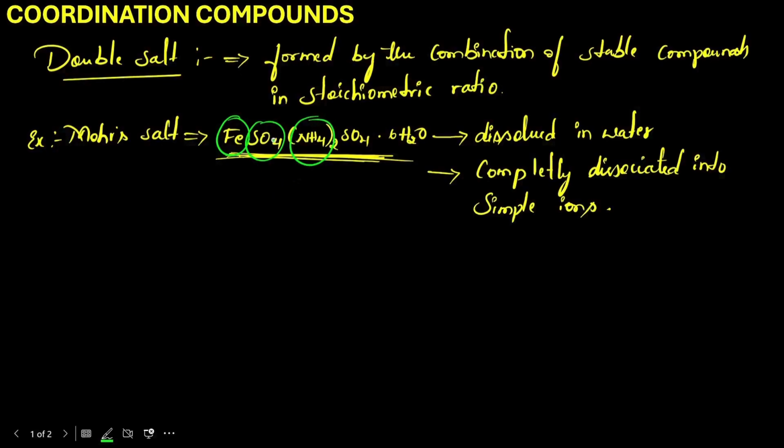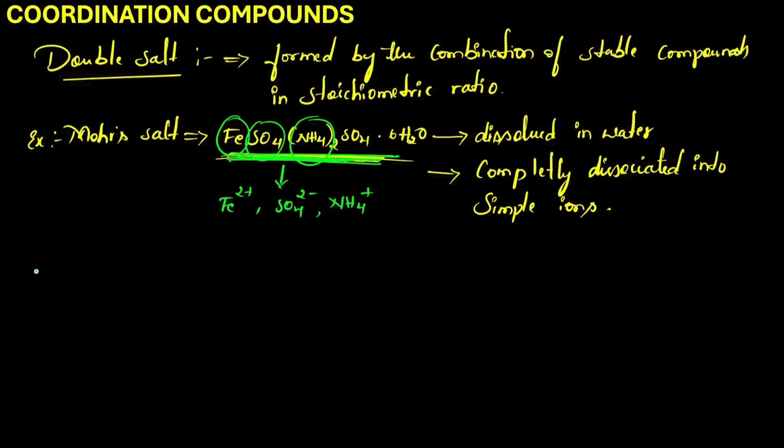So when this salt is dissolved in water, it dissociates into Fe2+, SO4 2- and NH4+. Here this salt is dissociated into simple ions completely when it is dissolved in water.